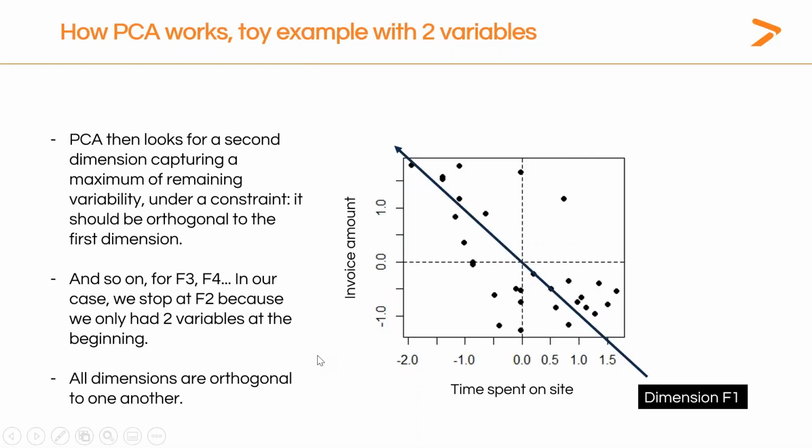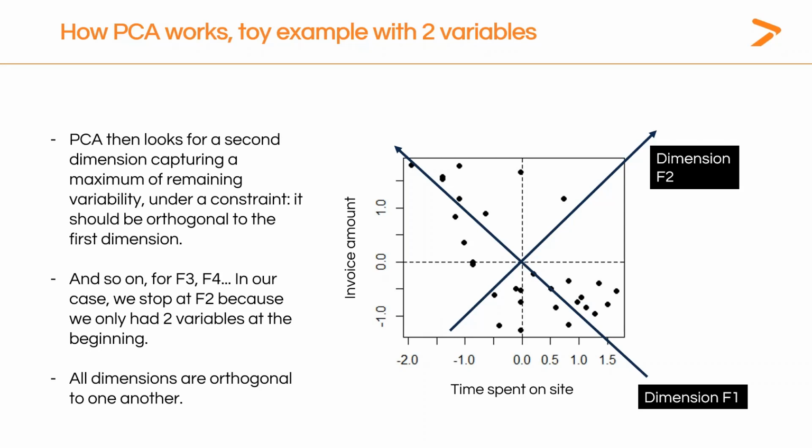Second step, PCA then looks for a second dimension which will capture a maximum of remaining variability under one constraint. The second dimension should be orthogonal to the first dimension. And in this case, there's only one possible direction, which is orthogonal to the first one, and it's here, dimension F2. There's no other solution. Why? Because we only had two variables at the beginning.